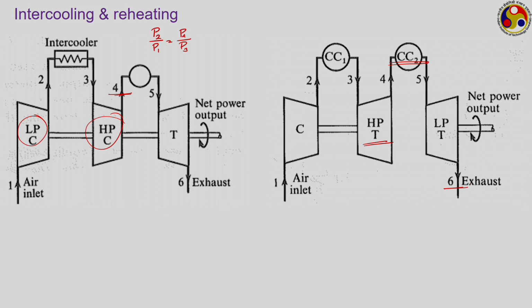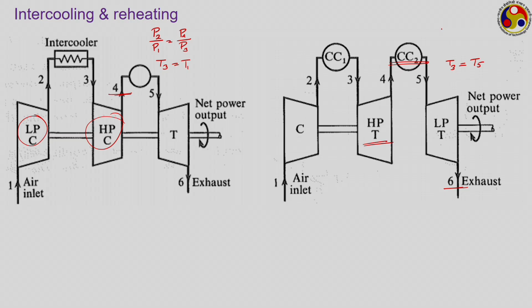Like in the case of intercooling, for ideal intercooling we should have T3 equal to T1. Similarly, in the case of reheating, in order to have the maximum possible gain in the work output, we should have T3 equal to T5. That is, the temperature with which the gas enters every stage of expansion should be equal, and to have the maximum possible work output from the multistage expansion, we should have equal pressure ratios in all the stages.